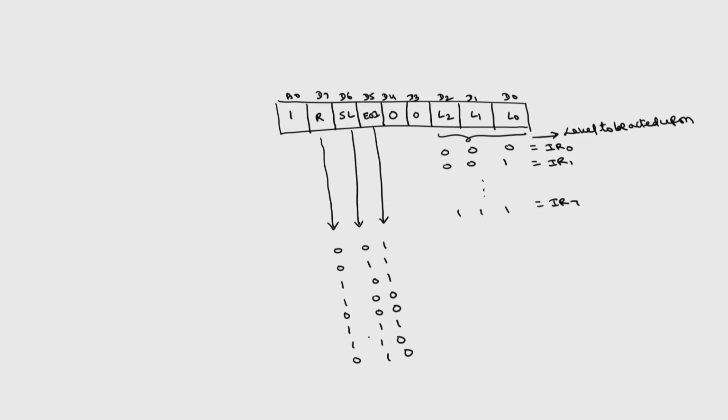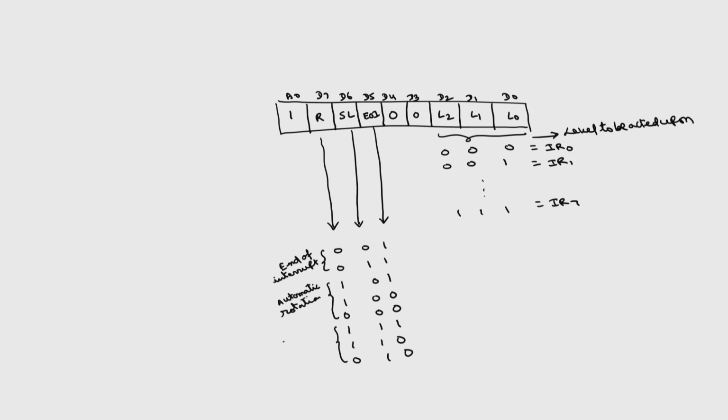So on this side, these two will represent end of interrupt. These two will specify automatic rotation. And the remaining is going to determine specific rotation.